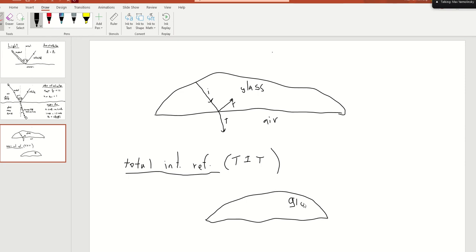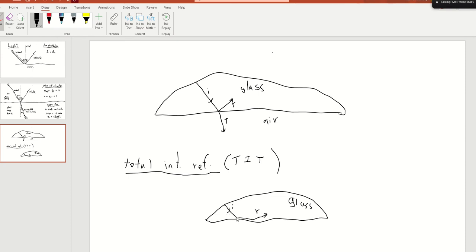When the light ray hits the boundary, total internal reflection means that none of the light escapes. All of the light stays inside the glass. So this is the incident light ray, and this is the reflected.